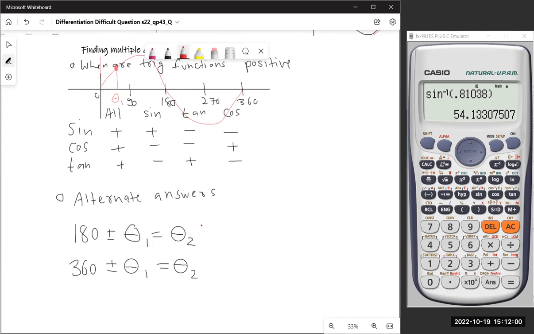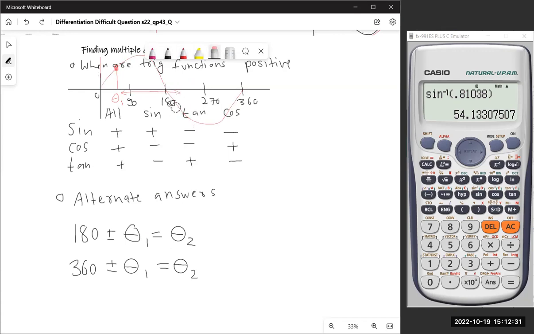Plus 180 will give me right here. So if I go 180 ahead, I'll reach right here. Now, but you realize there's a problem here. Theta 1 gives me a positive answer, while this theta 2 gives me a negative answer, right? So since I want a positive answer, I won't do theta 1 plus 180.